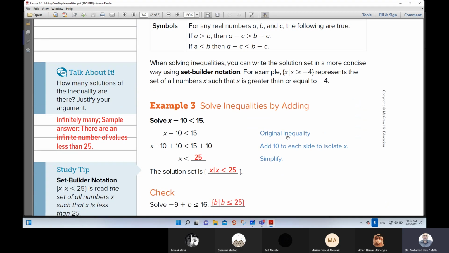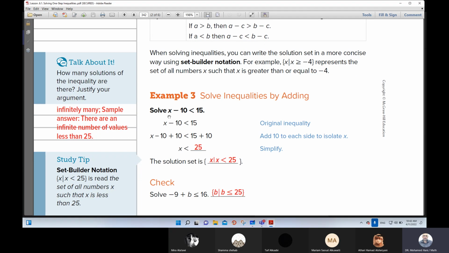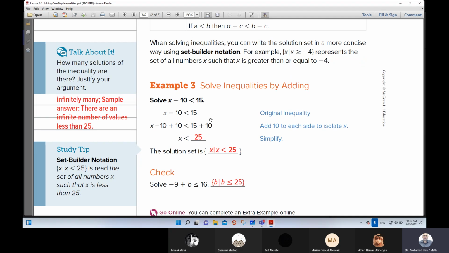For example, solving inequalities by adding. Solve x minus 10 less than 15. Always remember, when you want to solve the inequality, try to keep the variable alone on one side. So we want to keep x alone on one side, so we want to remove negative 10 from here. How to remove negative 10? Add the inverse, the opposite number. The inverse of negative 10 is positive 10, so add positive 10 to the two sides.